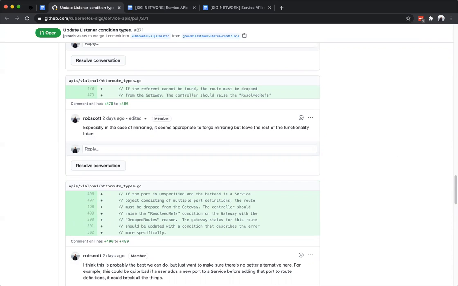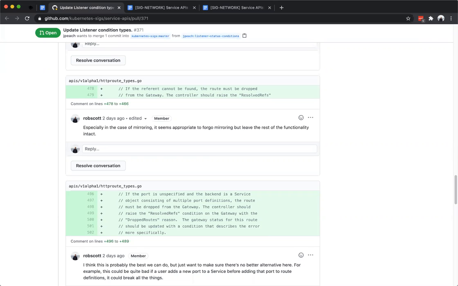To clarify, you're saying in the gateway conditions for the route? Yes. So on the route. The problem is that the gateway has lots of routes, so it's syntactically awkward. There's not really a good syntax on the gateway to say I had a problem with a specific route. There's no good way to do that at the moment.